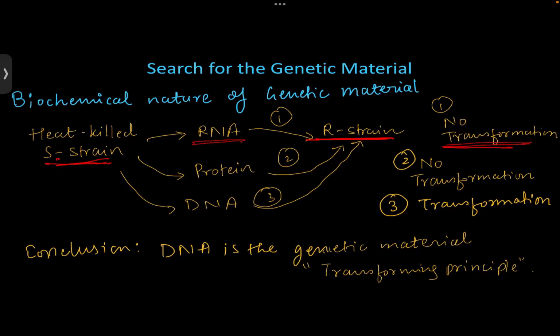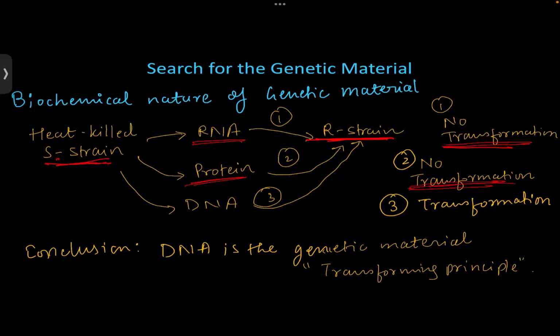And then next they took its protein only. They took the purified protein from the heat-killed S-strain bacteria and again injected it into live R-strain bacteria, the second one. And again, they saw there was no transformation, meaning the R-strain bacteria didn't transform into S-strain bacteria.